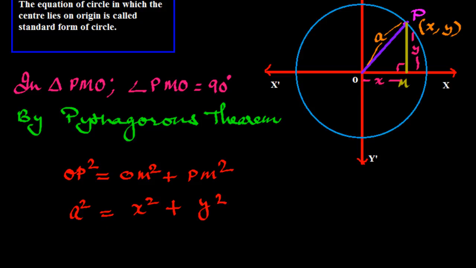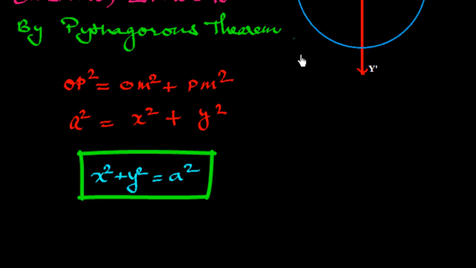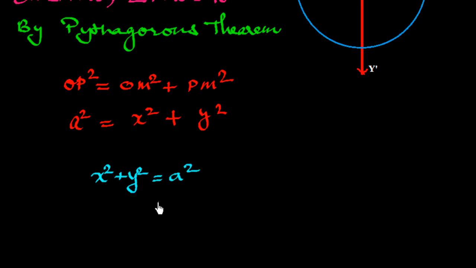So x square plus y square is equal to a square. We got the equation x square plus y square is equal to a square. In this way we found the derivation of the standard form of circle. If we know only the radius of the circle, we can easily find the equation of that circle. Thank you.